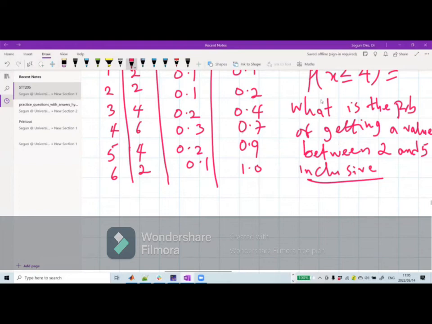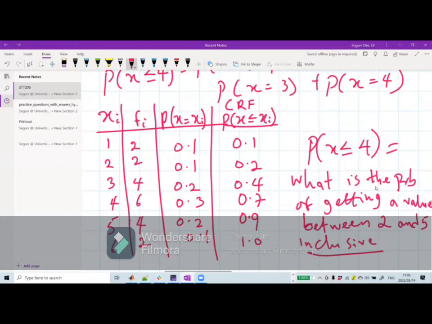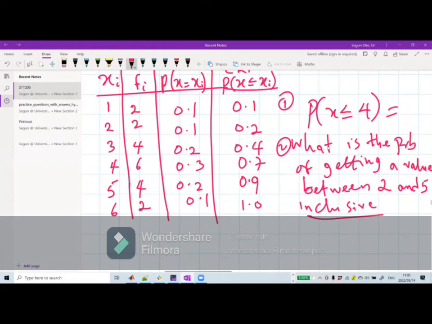Inclusive. What's the first one, please? This is the first question. The second question is here. What was the first one? 0.7. Correct. Then the second one is what?